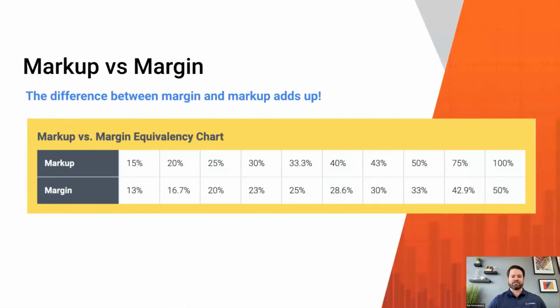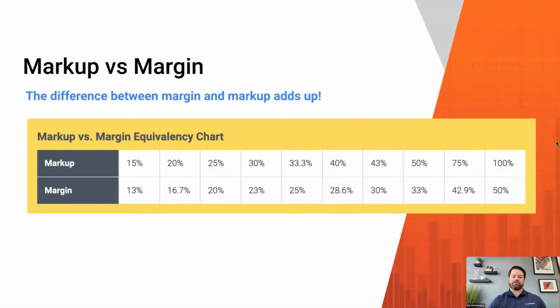Here's a very clear example. If we have a 15% markup, the margin we're going to earn is 13%. It's not a huge difference, but as we walk up, let's say we want to target a 30% markup, we're only going to make a 23% profit margin. As we go higher, obviously the difference is growing.